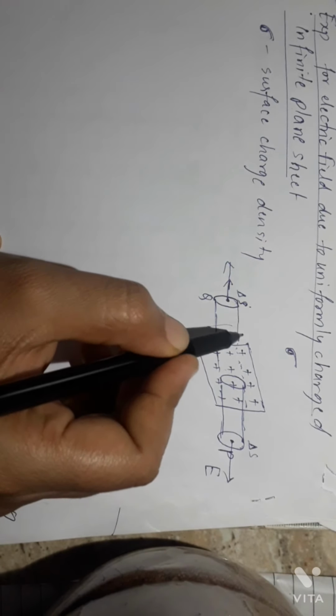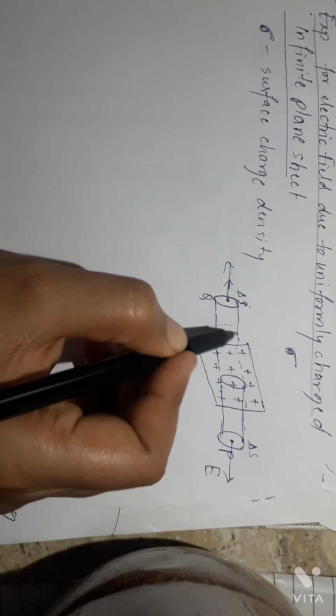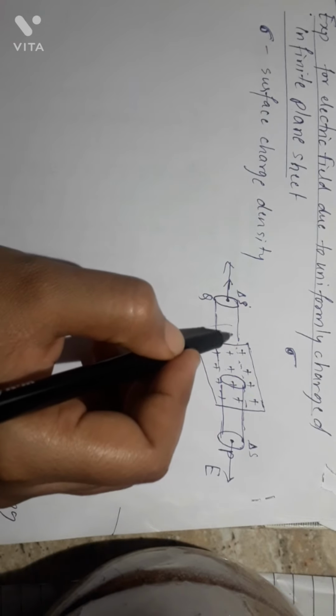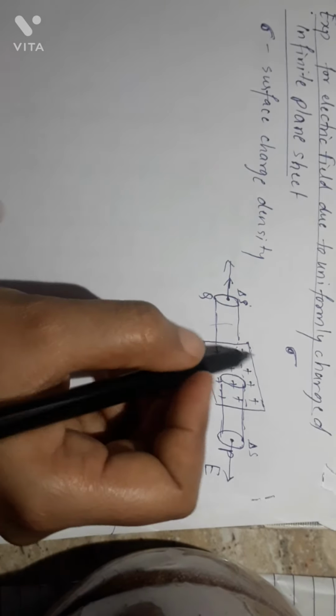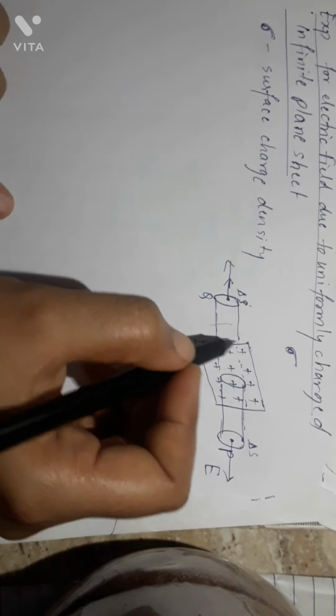Hence the electric flux through the curved surface of this cylinder is 0, because the area vector and electric field are perpendicular, as we discussed in the last derivation. The angle between them will be 90 degrees, and we know flux is equal to E ds cos theta.